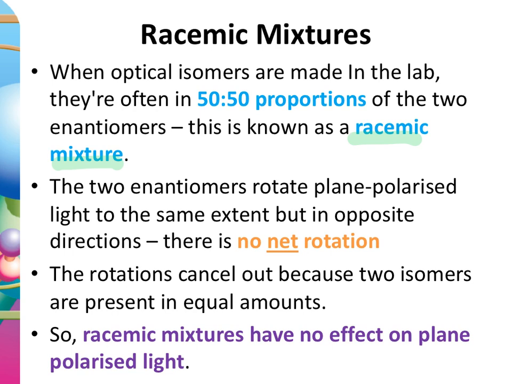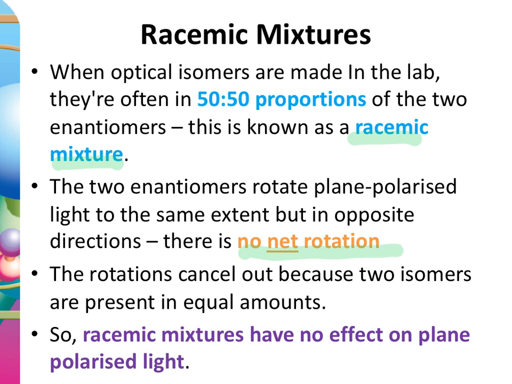So we said that one enantiomer would rotate light in a clockwise direction and one would rotate it in an anti-clockwise direction, and we said that they would rotate light by a specific amount. It would vary for each substance, but it could be 20 degrees, 30 degrees, whatever. Now, because we've got a 50-50 proportion, we've got the same amount rotating in the clockwise as there are rotating in the anti-clockwise direction. What we actually get as a result is that there is no net rotation.